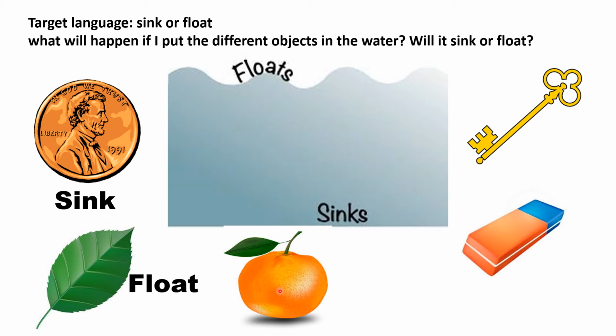Can anyone tell me the answer? Yes, it will float because it is an unpeeled orange. How about the rubber or the eraser? Yes, it will sink. And the last object? It will also sink. The key will sink.